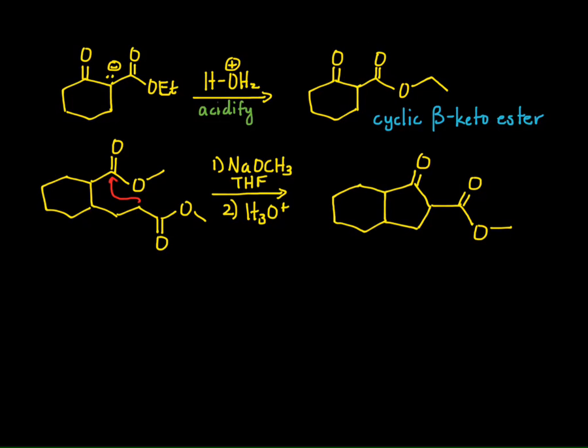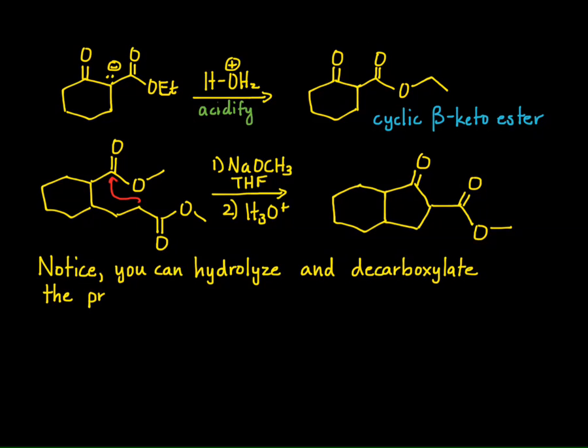Now, one thing that I mentioned previously that we're going to think about now, to complete this type of reaction scheme, is that you can hydrolyze the ester and decarboxylate the resulting beta-keto carboxylic acid.